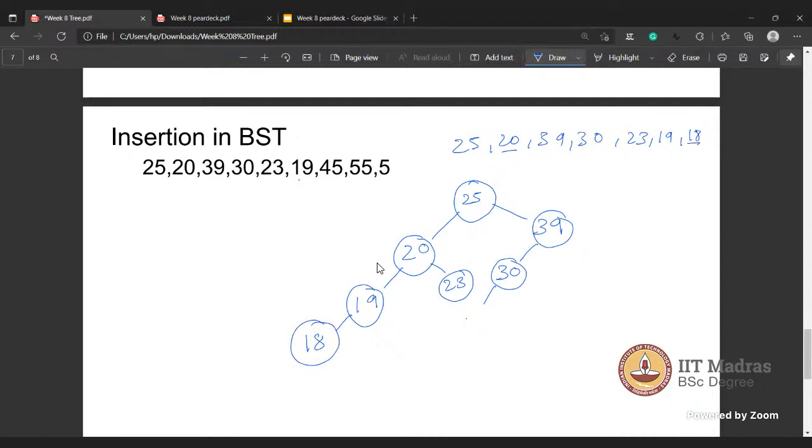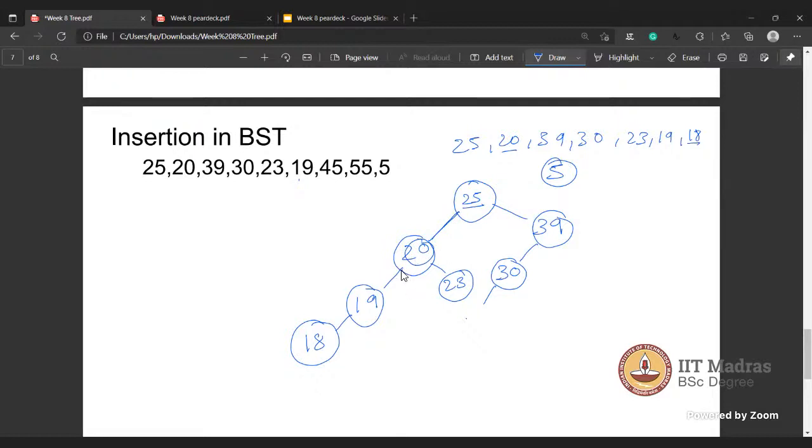If we have to add values after this, do we have to go on the same level as 19 or the level of 20? You have to see greater than or less than. Suppose you want to insert 5. First see 5 is greater than 25 or not. It is less, go left and compare with 20.